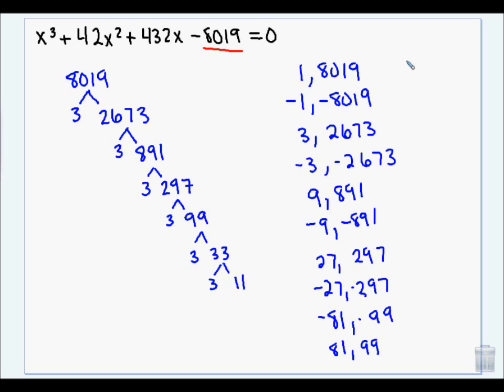Times 3 again. Hold on. Gives me 243 times 33. And then the last one is 729 and 11 and -729 and -11.